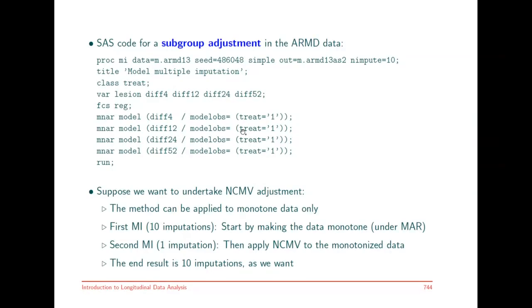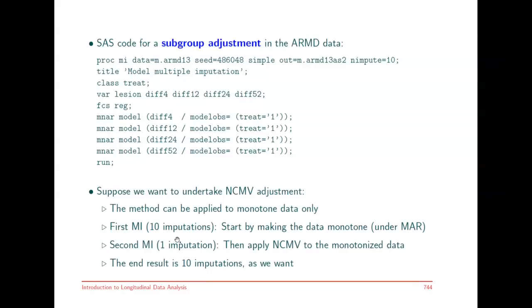Now let's do NCMV. The thing is that NCMV doesn't work with non-monotone data. And that's what I said earlier. Here we can use PROC MI to first make the data from non-monotone monotone. Once that's done, I apply multiple imputation again under NCMV, so under missing not at random.